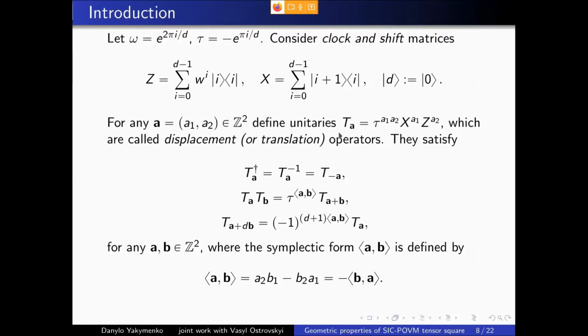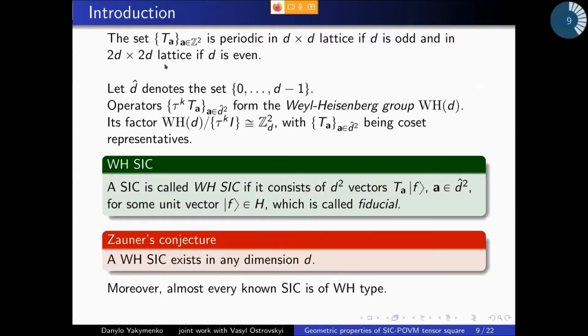We can define matrices from those. We can define these matrices that are called displacement or translation operators, and they have those nice relations between them, right?